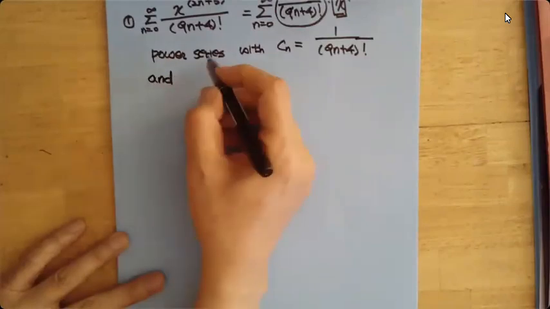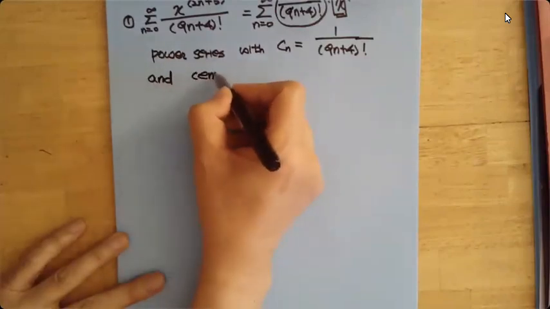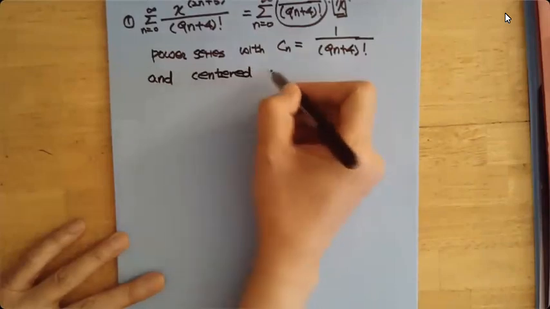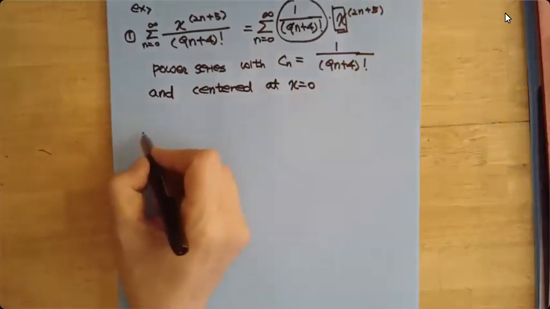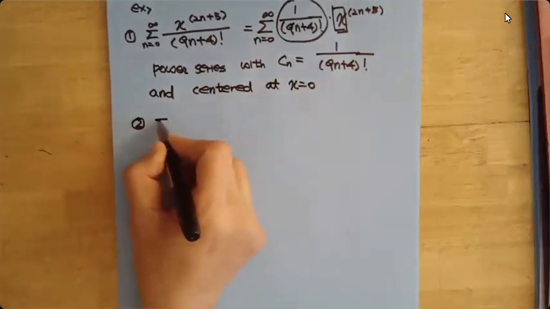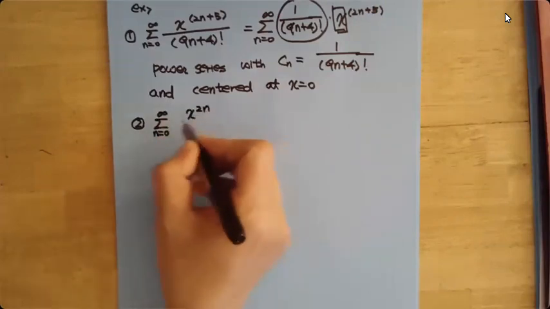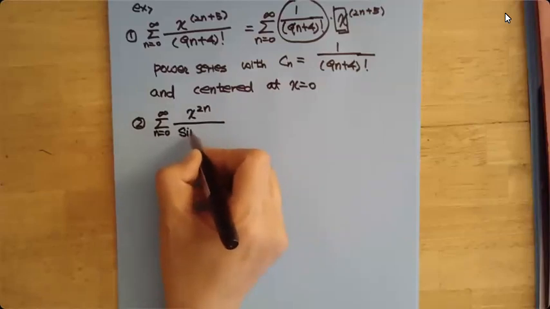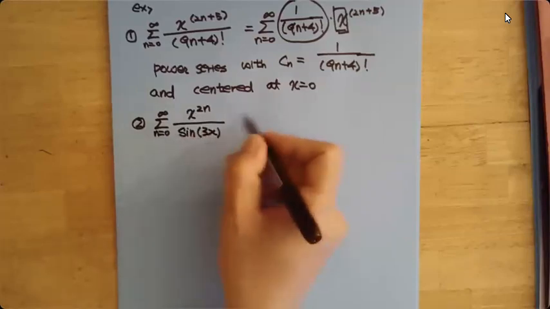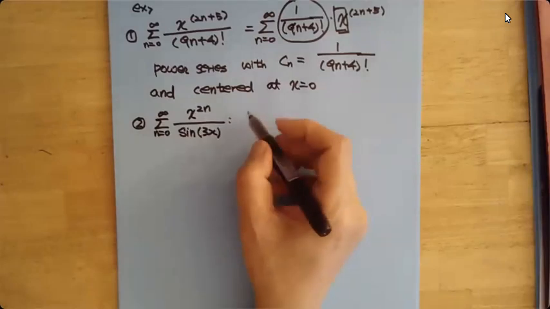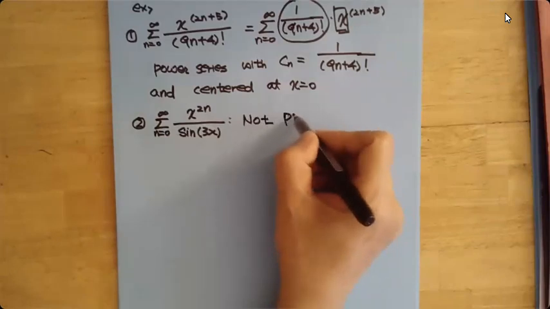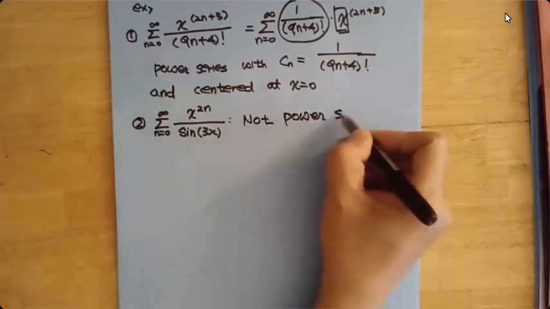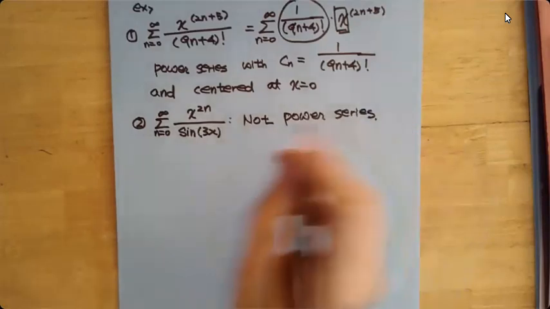And that power series is centered at x equals 0 because nothing appears there. The next one is the summation n equals 0 to infinity of x to the 2n over sine of 3x. This is not a power series. Why is that?